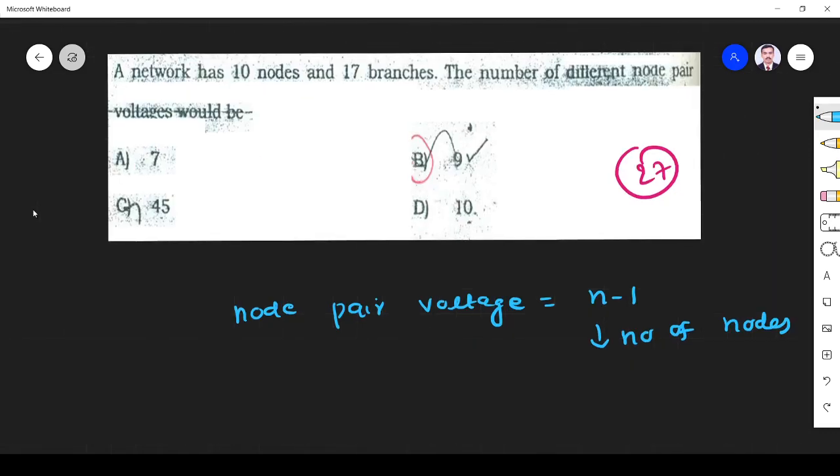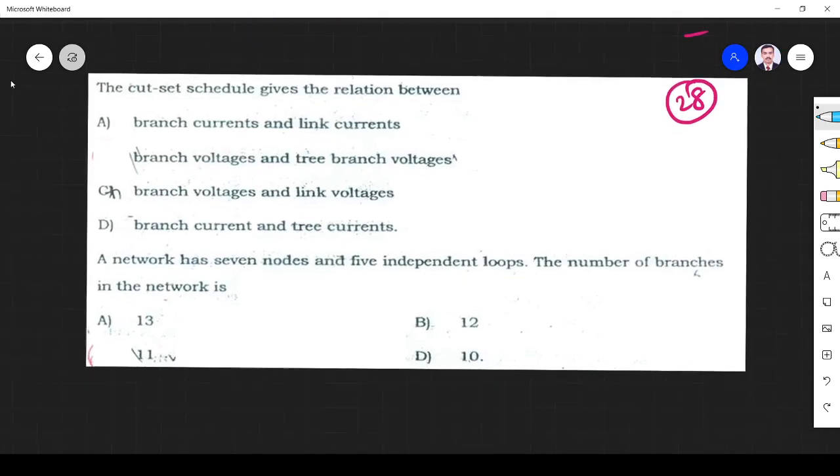So 10 minus 1 is 9. So option B is the right answer. Next one, a cut set gives the relationship between branch voltage and the tree branch voltage. It is a direct question. So option B is the right answer.